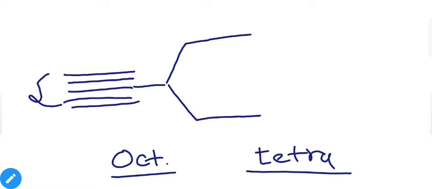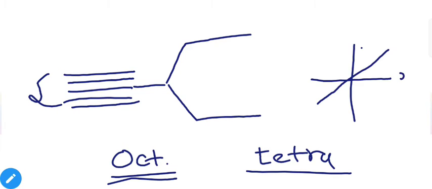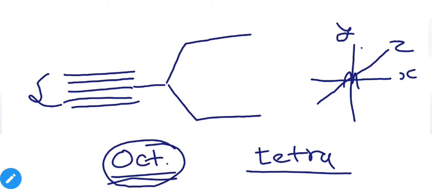Let's first look at the octahedral molecule. Octahedral molecules are symmetrical, and let's say these are the axes x, y and z. At the center we have our metal M. All the ligands attached to our metal, if it is octahedral, will be on the axes. Suppose this is the first, second, third, fourth, fifth and sixth: six different ligands are attached to our metal and all of them are present on the axes, so their electrons are also present on the axes.